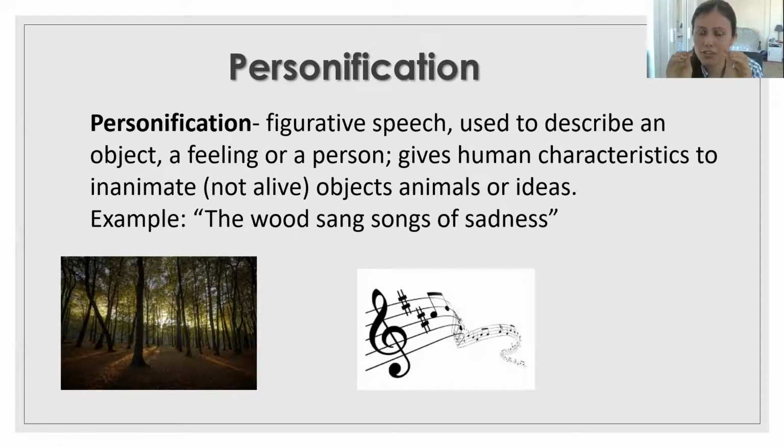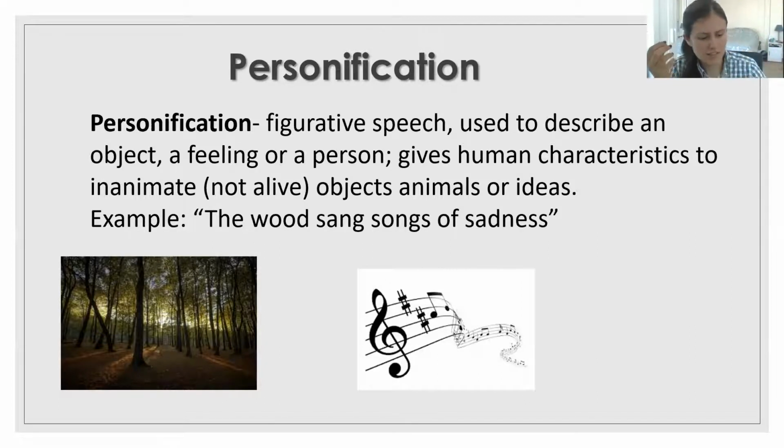Now, human characteristics are things that only humans do, or alive things do, right? So for example, we can walk, we can sing, we can sleep, we can jump, we can whisper, we can yell, right? We can do all these things.